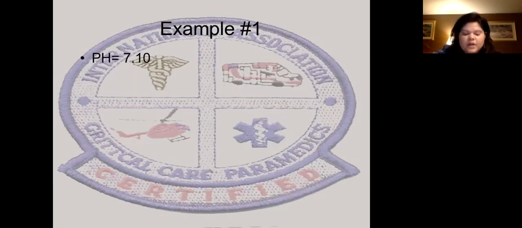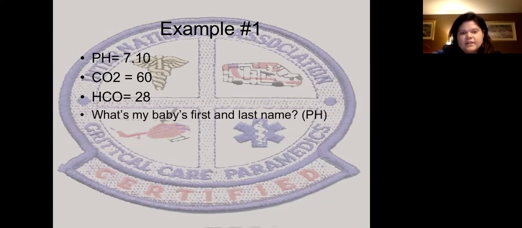So here's an example. You have your pH of 7.10. Your CO2 is 60. Your HCO3 is 28. So let's look at the pH. What's the baby's first name? Uncompensated acidosis. Remember 7.35 to 7.45.